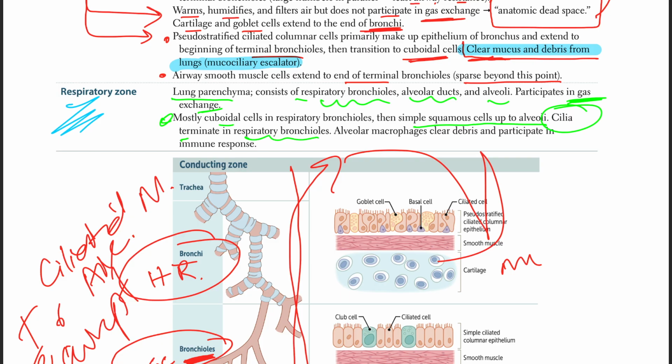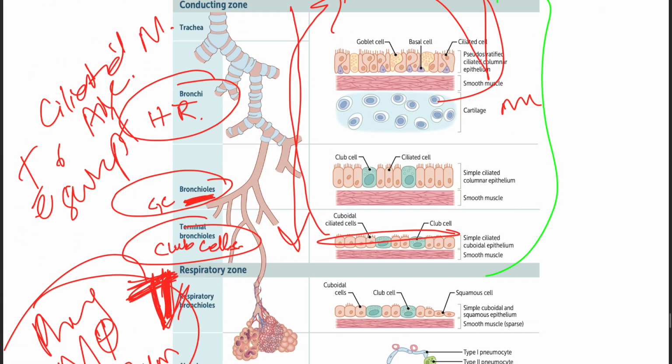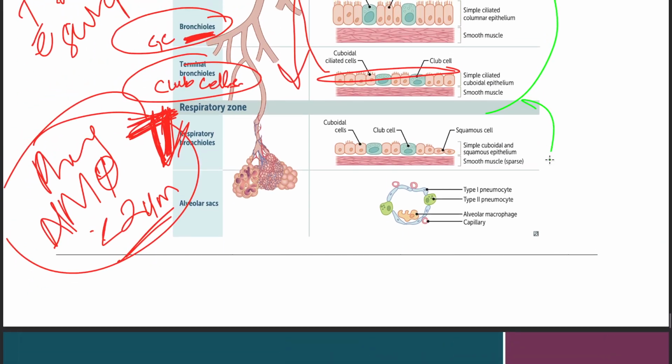Alveolar macrophages, this is the point: they clear the debris and participate in immune response. So here, this is all about mucociliary escalator, and all here is your alveolar macrophages clearance.